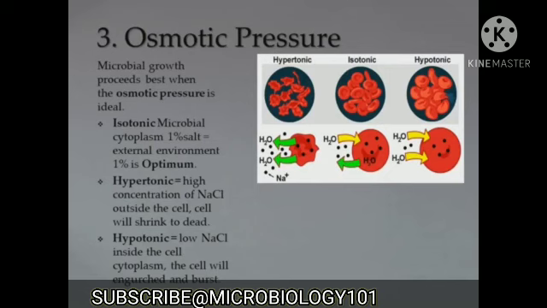Osmotic pressure is therefore classified into hypertonic, isotonic, and hypotonic conditions. Most preferably, in the body environment where most microorganisms dwell, they survive at isotonic condition.